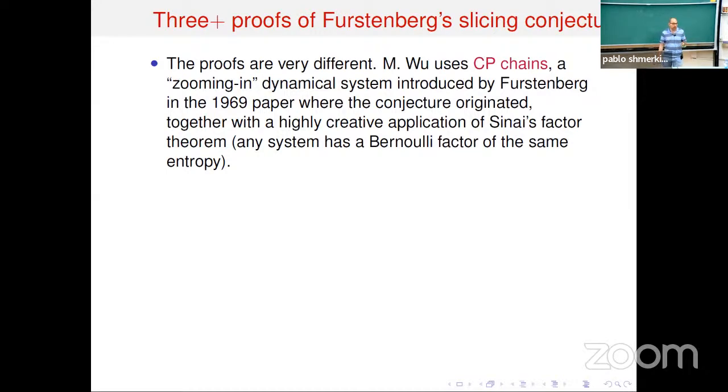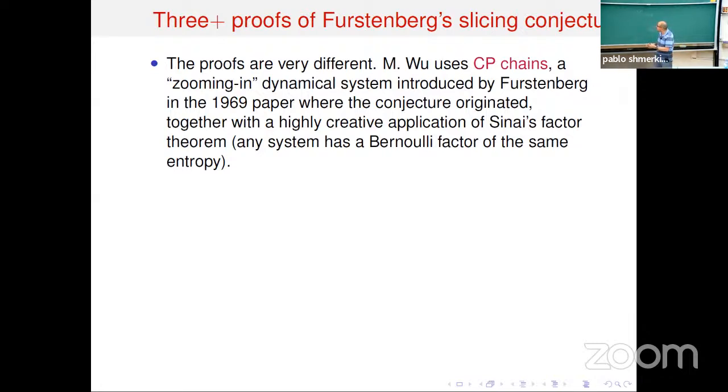So actually, in the paper where he stated the conjecture, Furstenberg introduced a method to attack the conjecture and made some partial progress. This method is now known as CP chains. They were not called CP chains in the original paper. Now we call them CP chains. So this basically allows you to define dynamics on the slices. So you want to show that there are no large slices. In dynamics, it's natural to put a dynamical system on the large slices.